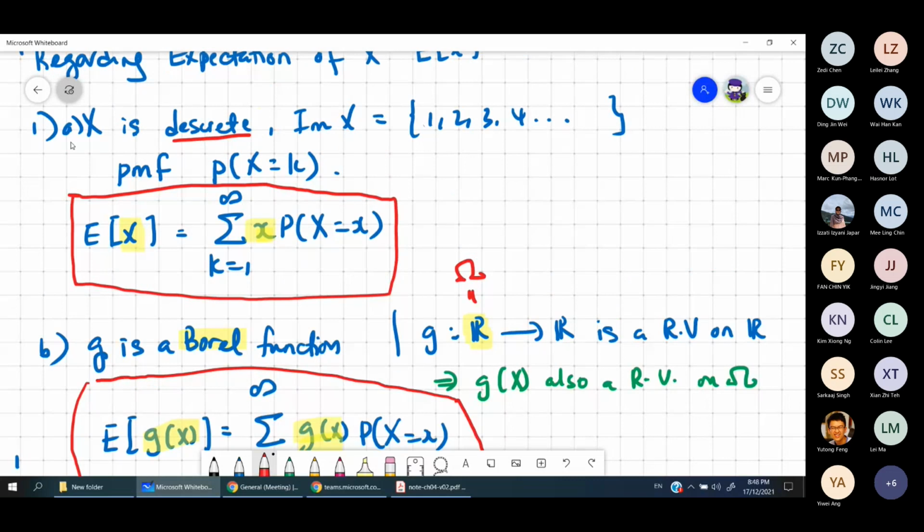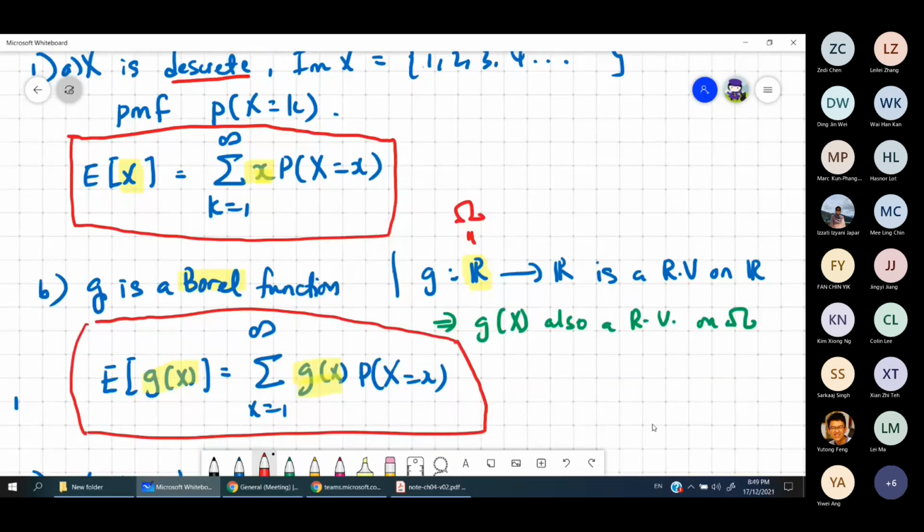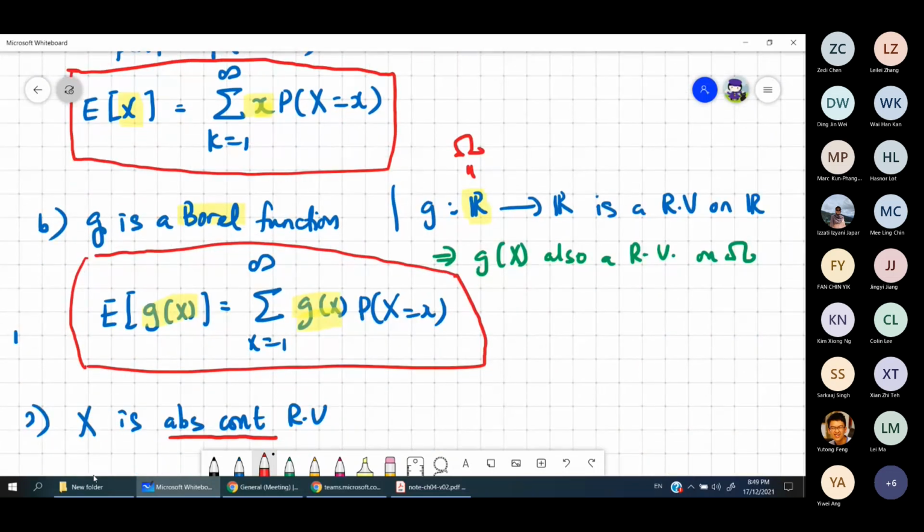So first, this is the story about how we're going to compute the mean or the expected value for discrete random variables. We are using this formula. When we come to an absolutely continuous random variable, we have a similar formula, with density functions, let's say f_X.